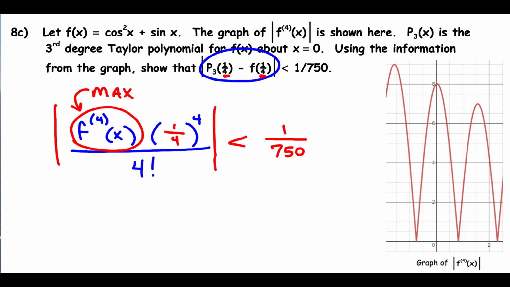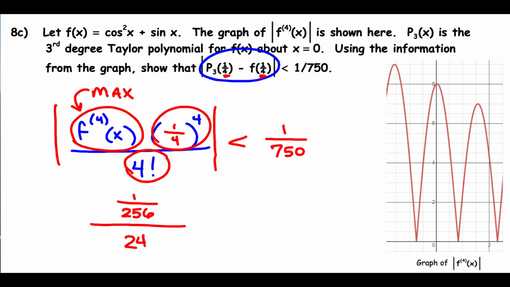All right, here it goes. 1/4 to the fourth is still going to be 1 over 256. 4 factorial is 24. We want to maximize the fourth derivative, however, and remember that x is 1/4.